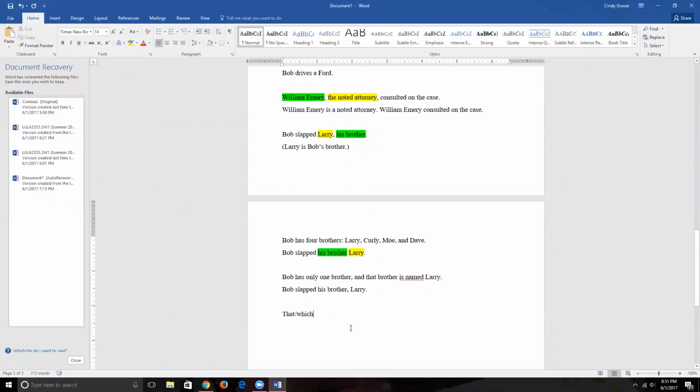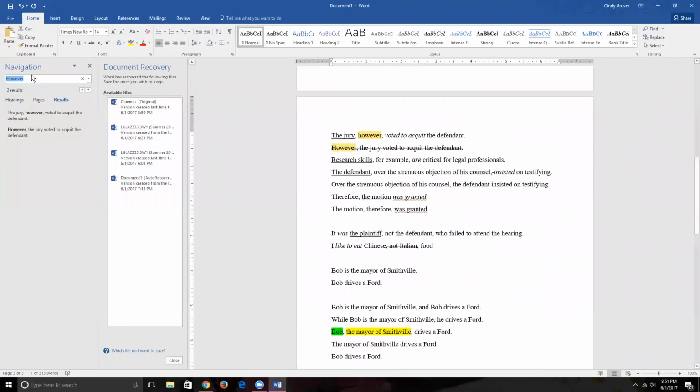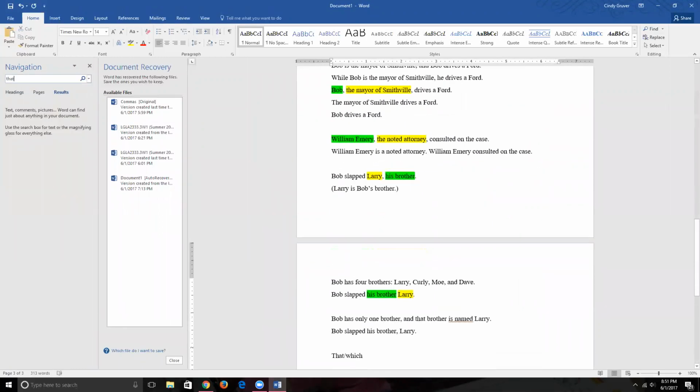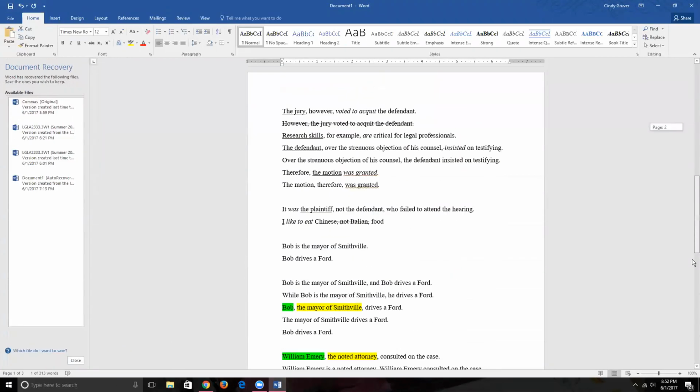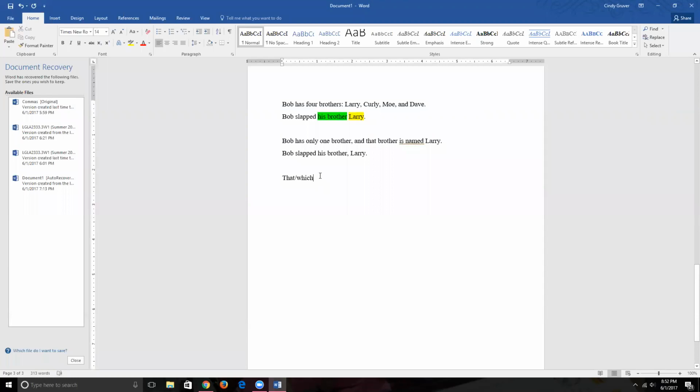And in fact, I would encourage you when you are preparing documents, especially if this is one of those little twists or turns to legal writing that throws you a little bit, to do a word search for this and to go ahead and do it for both that and which, and go through the document and find all of those and see if you're using it as a restrictive or non-restrictive clause. And that way you can save yourself some grief, save yourself some problems with it. Let's talk about, though, what the problem is.